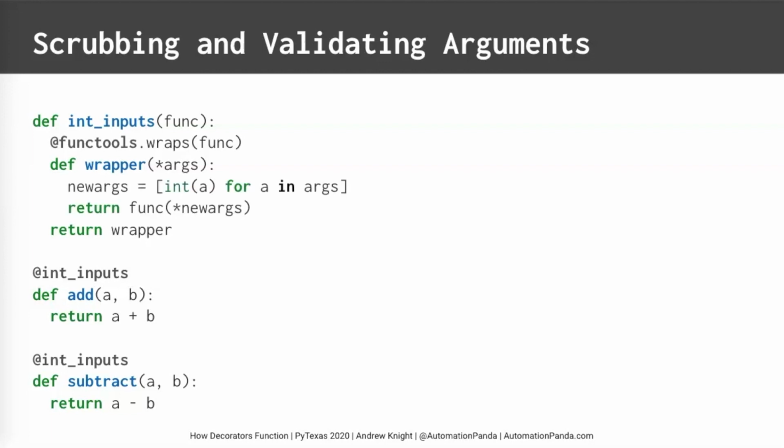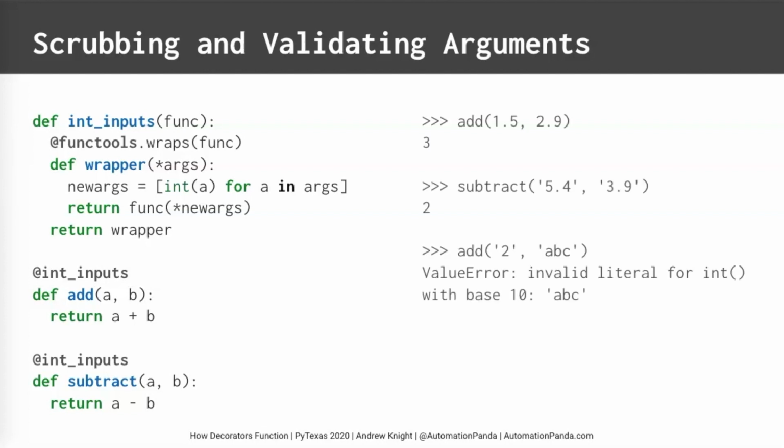Then cast all args as ints before passing them into the inner function. Here, we're using a list comprehension to do that integer conversion. Now, when those math functions are called, all numbers are integers. Using non-numeric inputs also raises a value error.